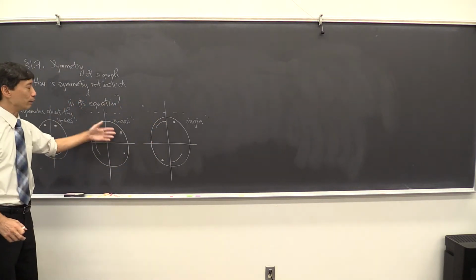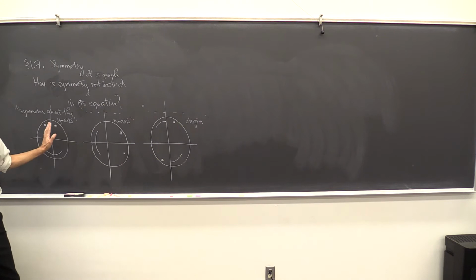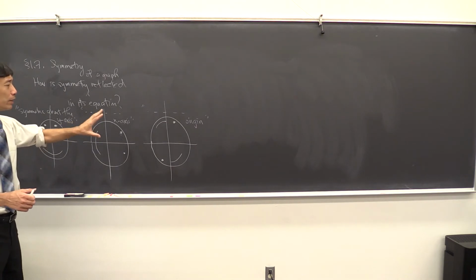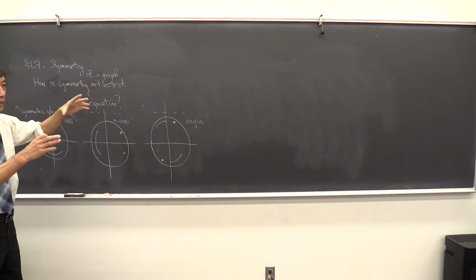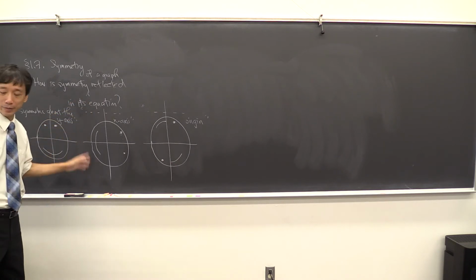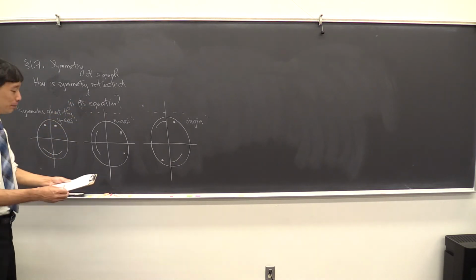This actually leads you to an idea in algebra called the idea of a group. You think about how many different ways you can take an object and reflect it and still get the same thing. Anyway, you don't need to know that.